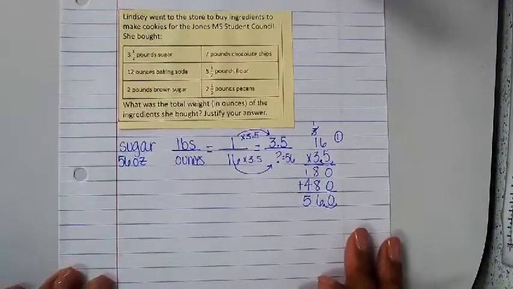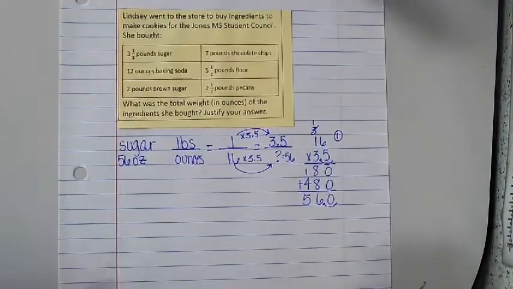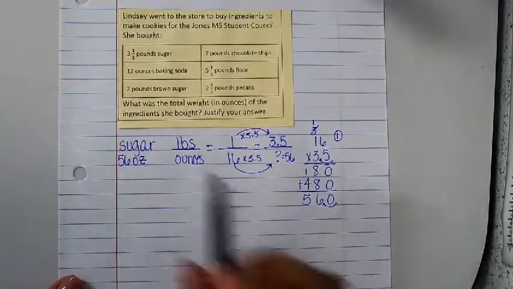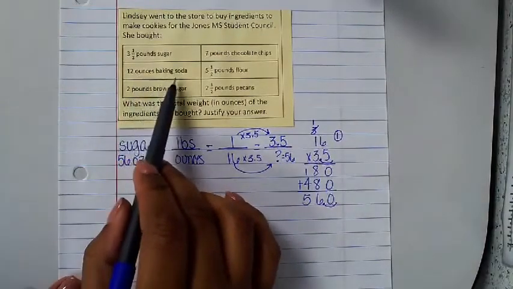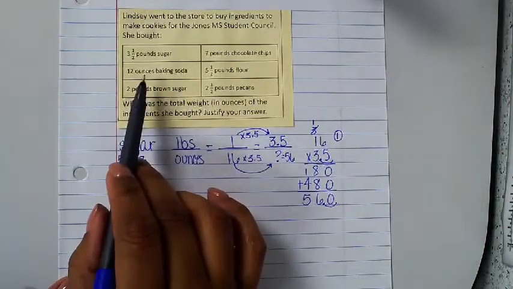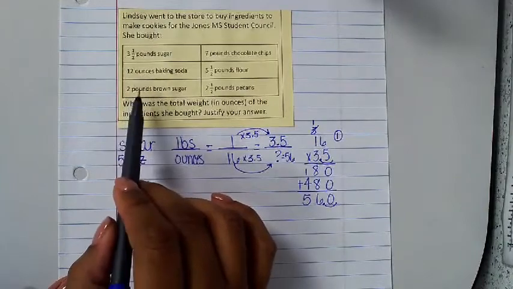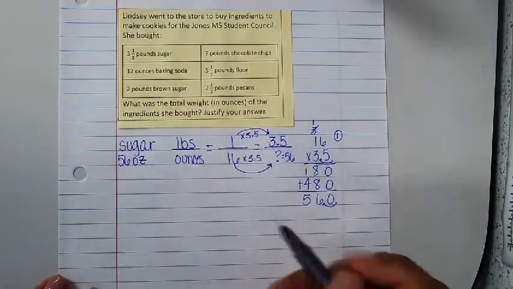Okay, and I'm going to keep doing that until I have all of the other ones done. So next one is 12 ounces of baking soda. Notice it's already in ounces, so I don't need to do anything there. Right here, 2 pounds of brown sugar.